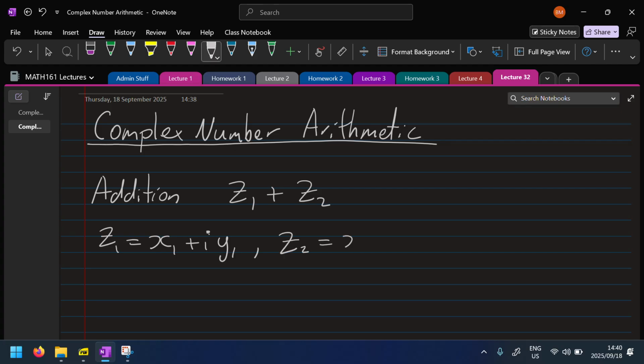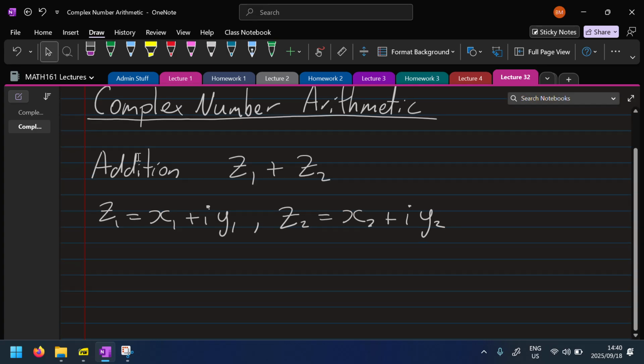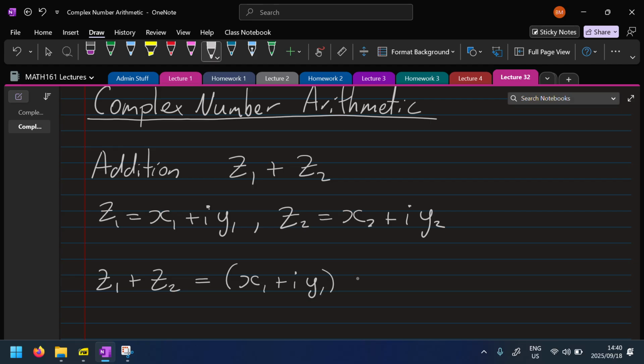Z2 we write as X2 plus iY2, a different complex number with different X and Y. So how do we add them? Z1 plus Z2 is equal to, in brackets, X1 plus iY1, and then for Z2 the same thing but with X2 and Y2.